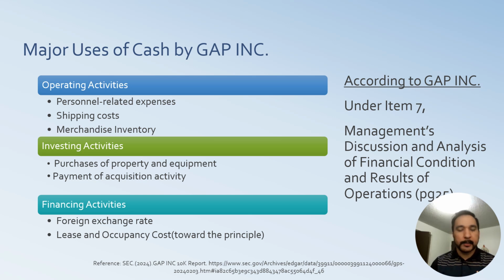In this category, it's going to be more towards the principal because the way you dice it up, lease and occupancy costs can also be categorized in operating activities if it's payment towards the interest. But we're going to put this in towards the principal, which the majority of it's going towards, and that's going to be in financing activities.